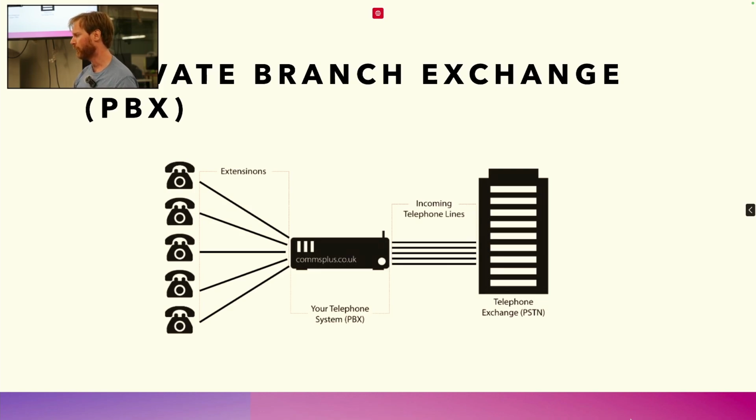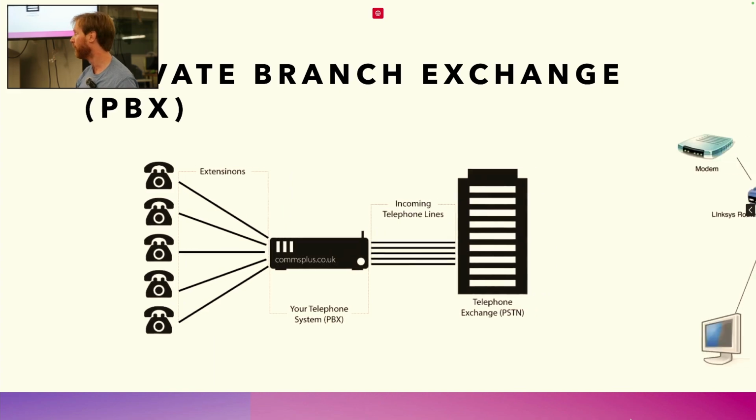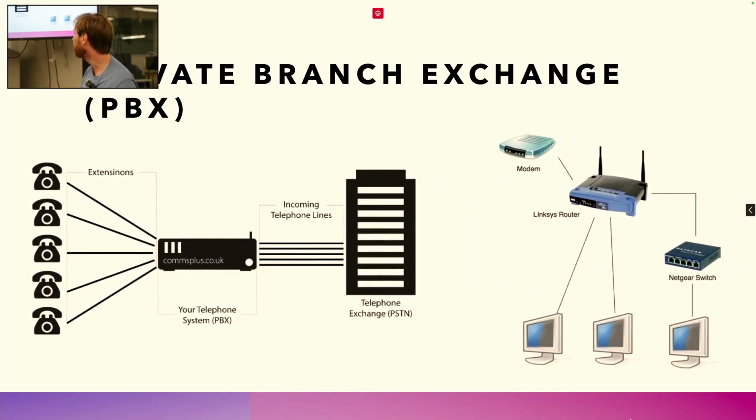And if this looks a little bit like an internet router, well, it is. It's very, very similar. So if you think of the central office as your modem's connection to the internet, and then your router as the switching equipment for the private branch exchange, and instead of the extensions over here, which are all the individual phones on the desk that each had their own phone number, all these clients here are your extensions, all the computers, and they have their own IP address, 192.168.1.whatever, and it's behind your NAT and it goes over there.